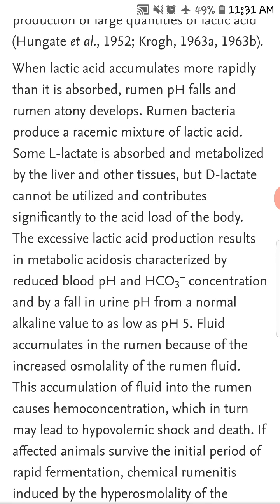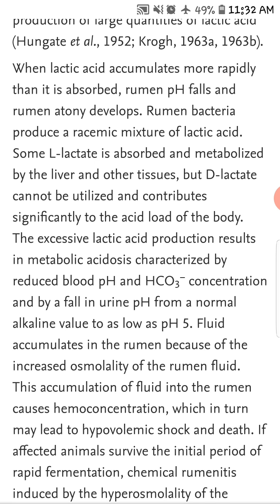Rumen bacteria produce a racemic mixture of lactic acid. Some L-lactate is absorbed and metabolized by the liver and other tissues, but you should remember that D-lactate cannot be utilized and contributes significantly to the acid load of the body.